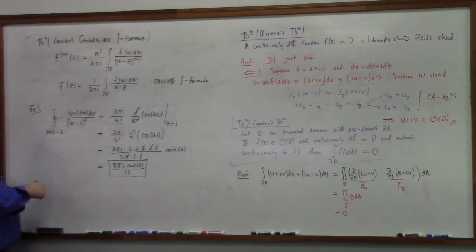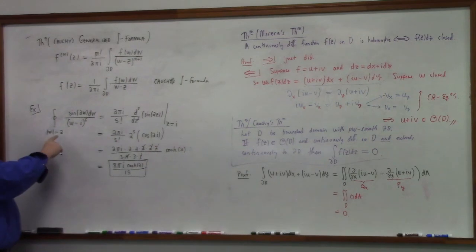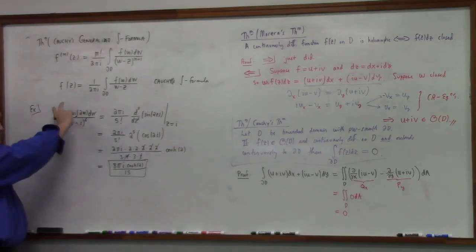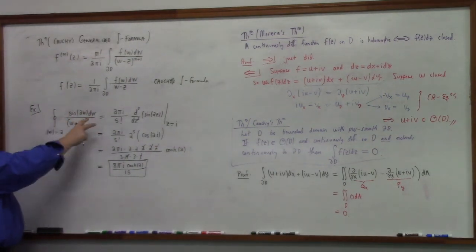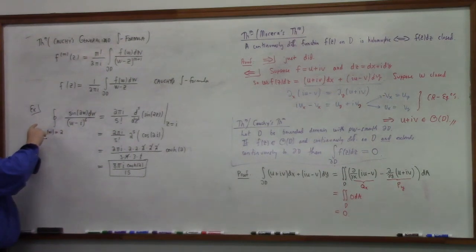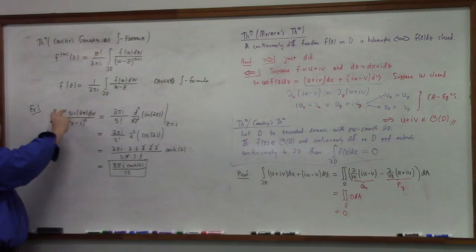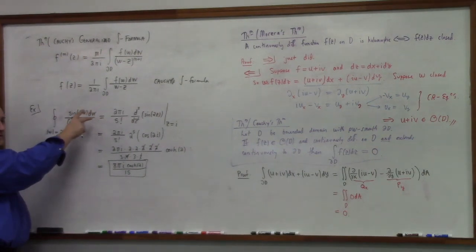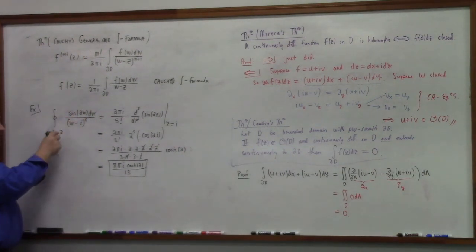It's quite horrible, though it's actually instructive to do. It's a pair of real integrals: you calculate the real part and the imaginary part, and you're calculating the integral of the real part around that circle plus i times the integral of the imaginary part around that circle.